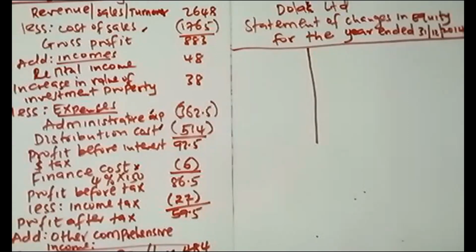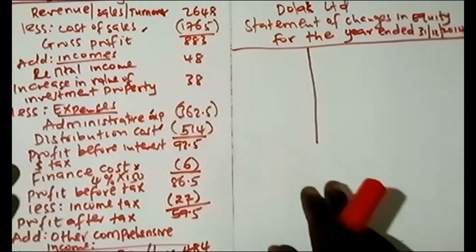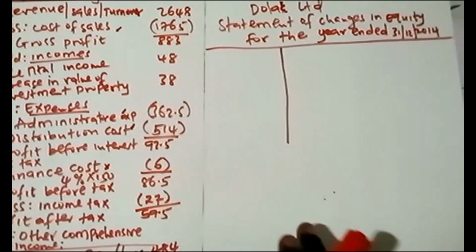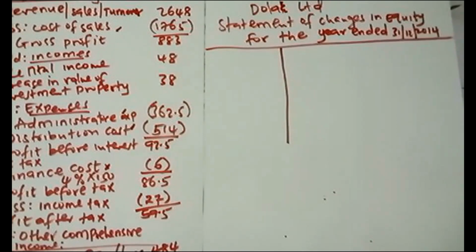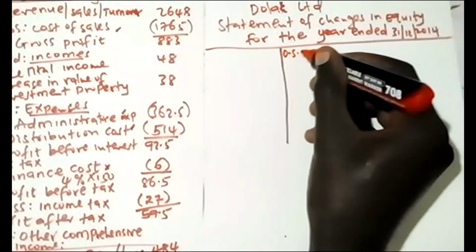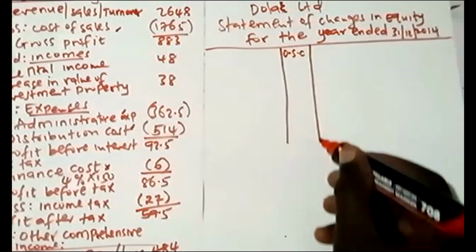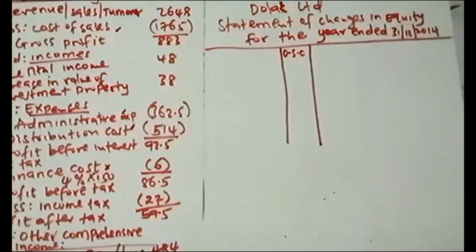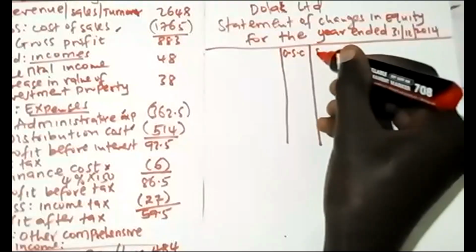According to the question, we have ordinary share capital, share premium, general reserve, retained earnings, and revaluation reserve. Those are generally the maximum equity components which can be present in any statement of changes in equity. I will write in abbreviation so that my space can be enough.